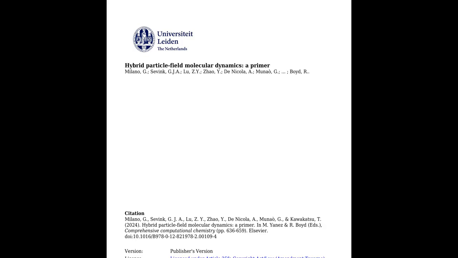We have seen applications spanning polymer melts with detailed stereochemistry, lipid membranes, micelle formation, nanoparticle dispersions, and carbon nanotube assemblies, each demonstrating HPF-MD's capacity to reproduce experimentally observed morphologies and dynamic behaviors.